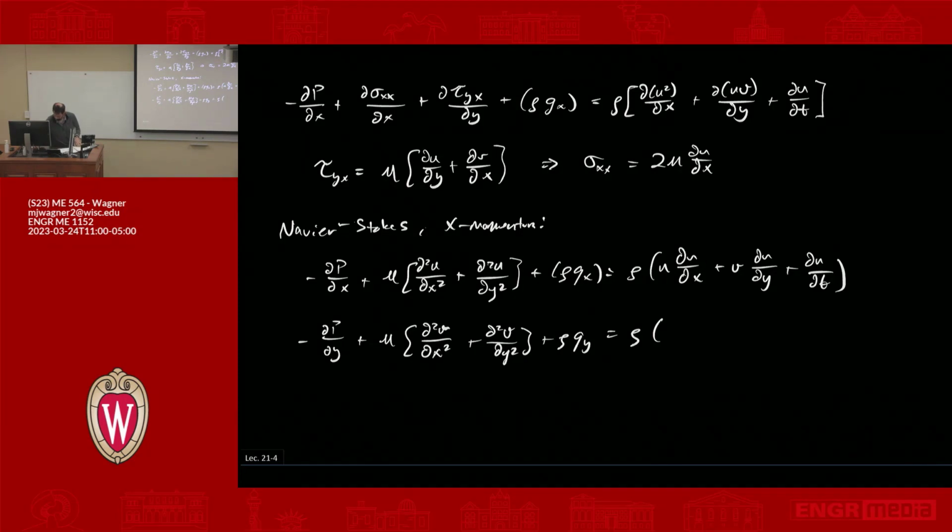Now it's u times partial v with respect to x, plus v times partial v with respect to y, plus dv dt. Apologize, my u's and v's look a little similar, but yeah.